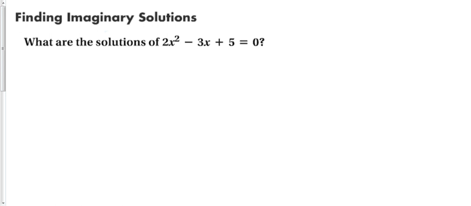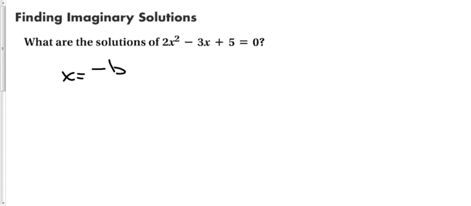But let's see. First, looking at that, can I factor it? No, there's no factors of 2 times factors of 5 that add up to 3. Okay? Next, can I complete the square? No, because I can't get rid of that 2 without giving me fractions. Okay? So my only other choice to solve this is going to be the quadratic formula.